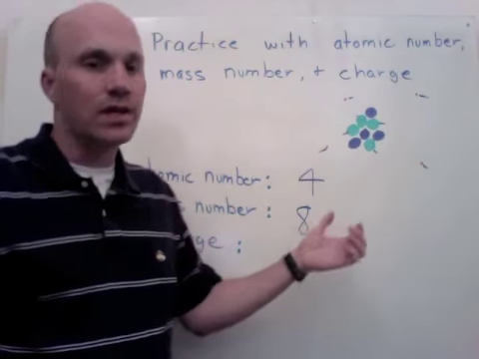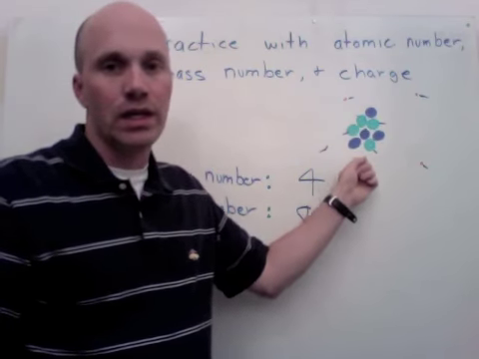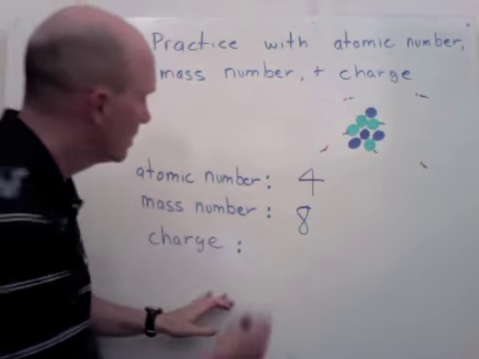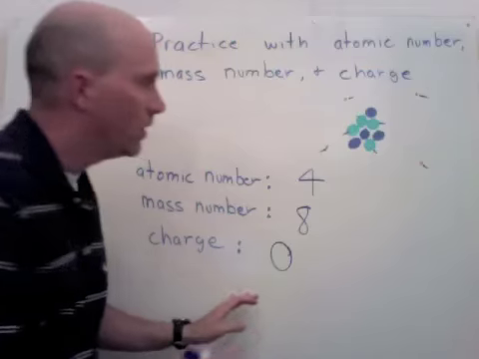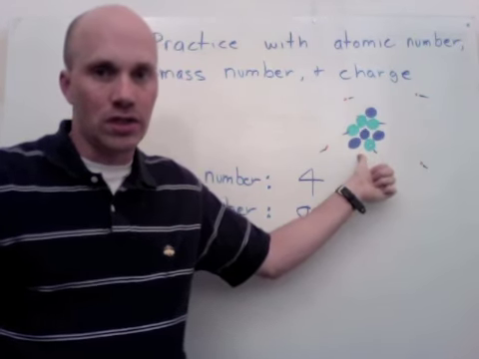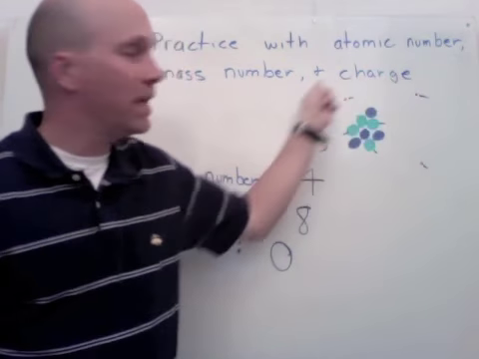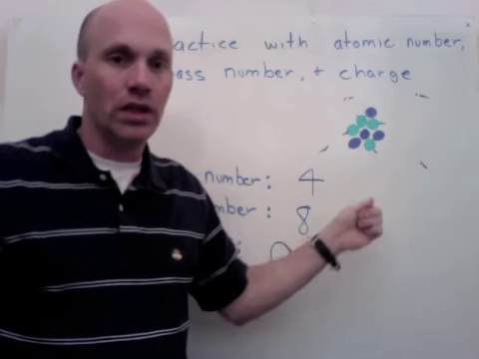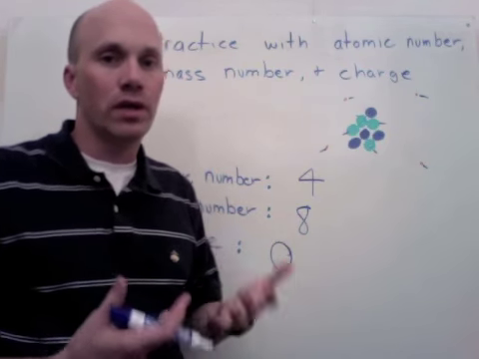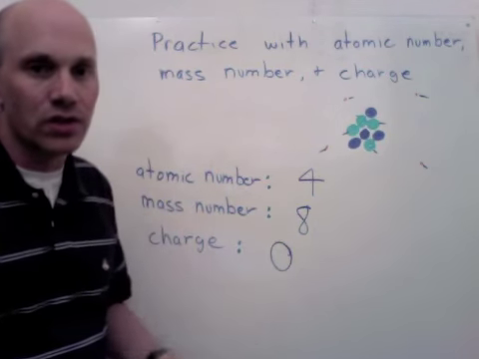In this particular case, every single proton exactly cancels out with exactly 1 electron. What that means is that the charge is 0. Okay? There would be 4 positive 1 charges in the middle, and then 4 negative 1 charges due to the electrons. Mathematically, +4 plus a -4 equals 0. That's why the charge is 0.